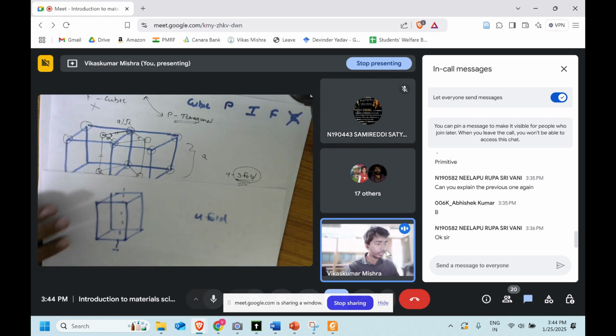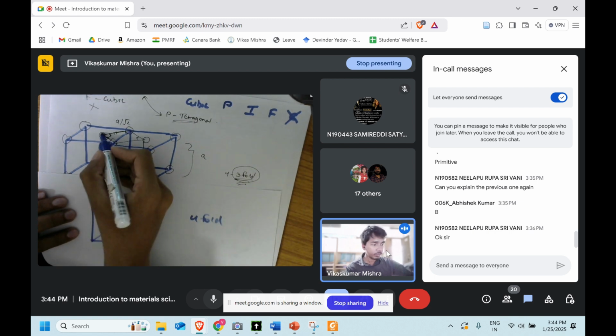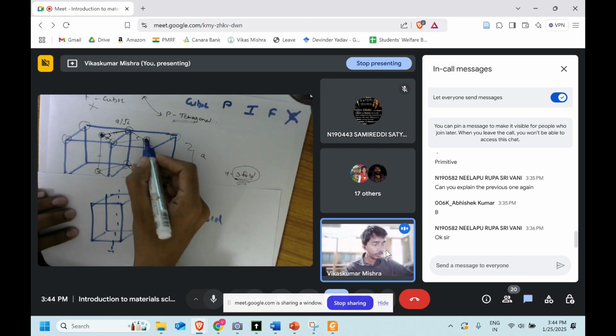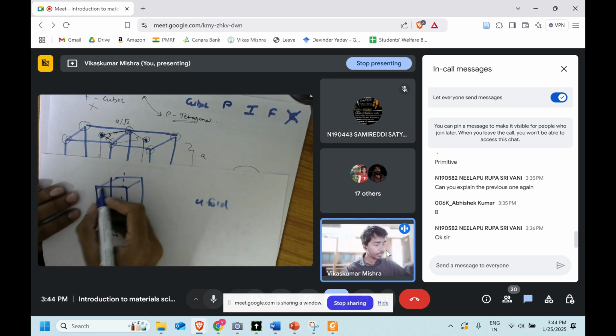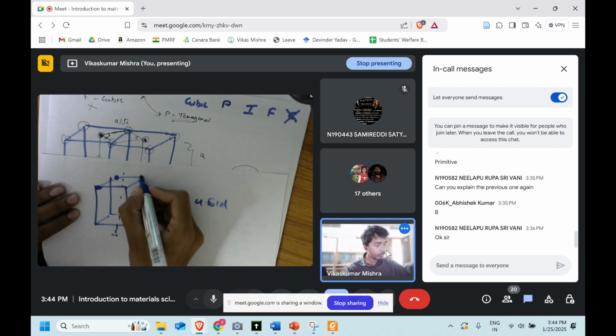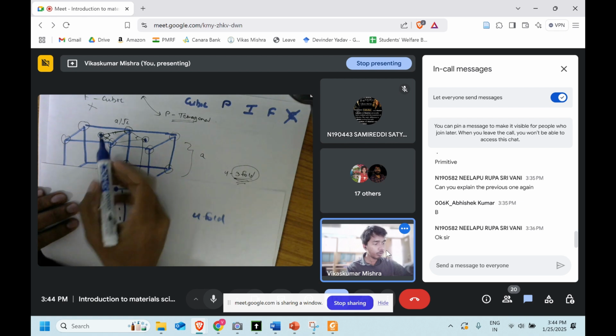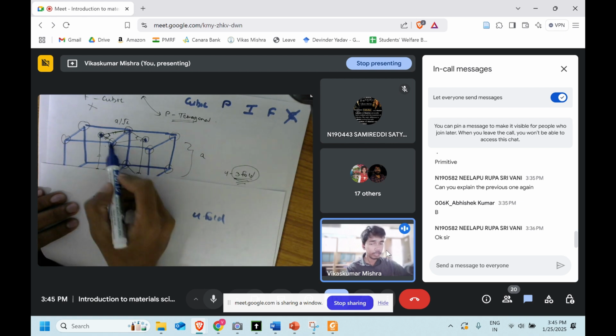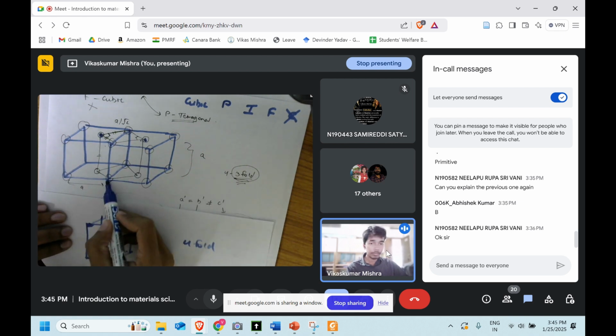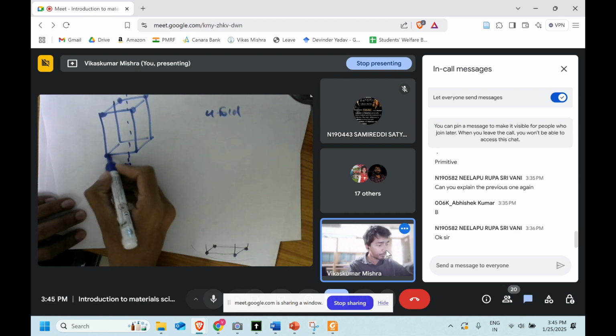So now let's consider the thing which we have made. Here, this one and this one, we can place them over somewhere over here. So at all four corners we were having the lattice point. Let's put them.